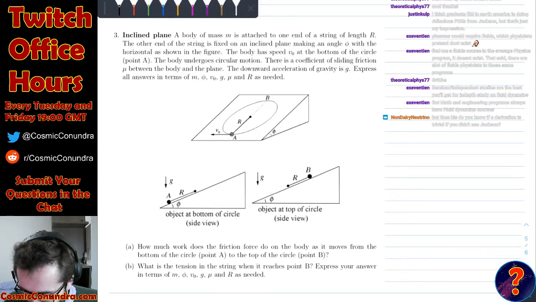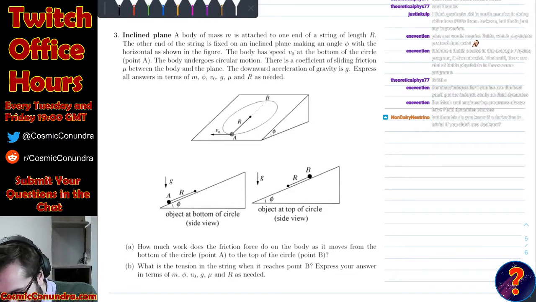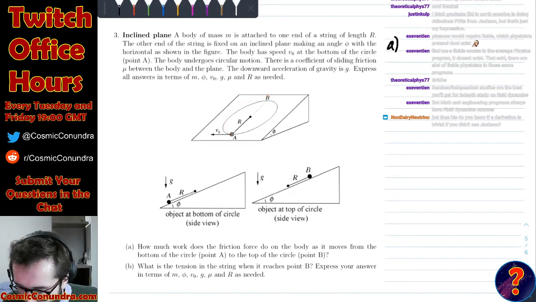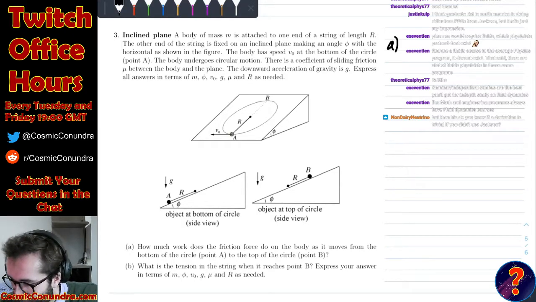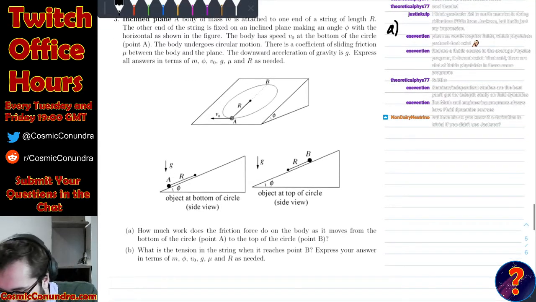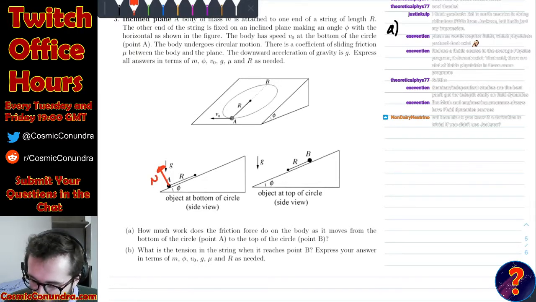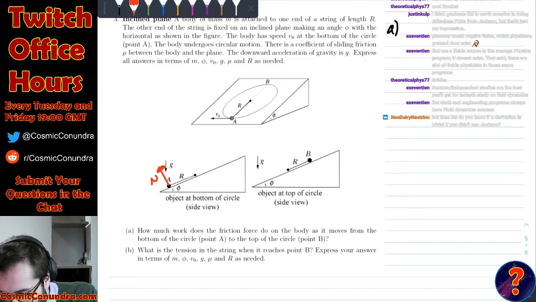Okay, so the first thing they want us to do is to find how much work the frictional force does moving from the bottom to the top. So we're kind of firing this thing off at speed v0, and we're seeing what happens to it when it gets to the top. Well, this first part is pretty straightforward. The object will have some normal force N on it, and this normal force doesn't change between the top and the bottom.